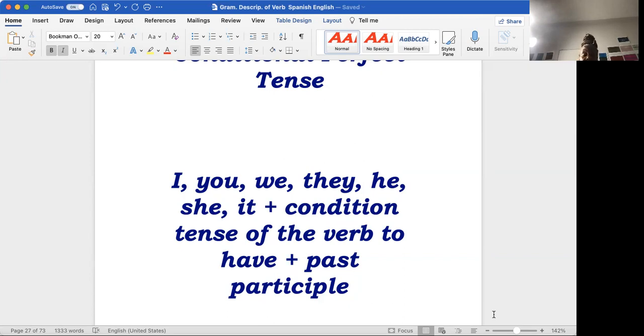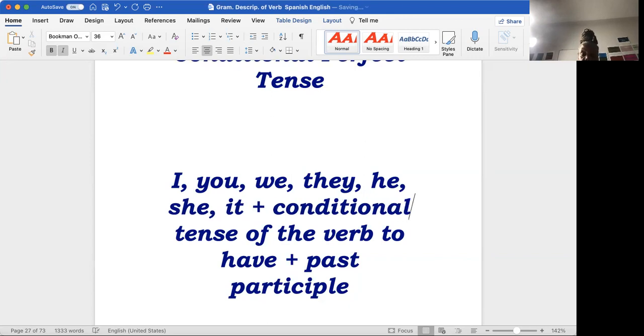So it's I, you, we, they, he, she, it, plus the conditional of the verb to have plus the past participle.